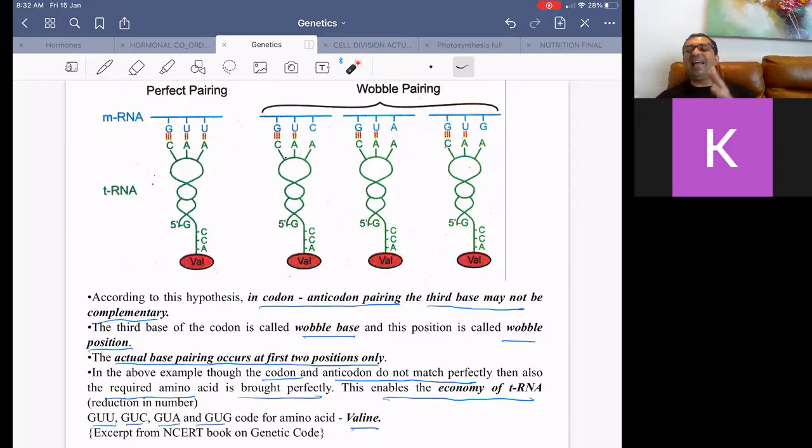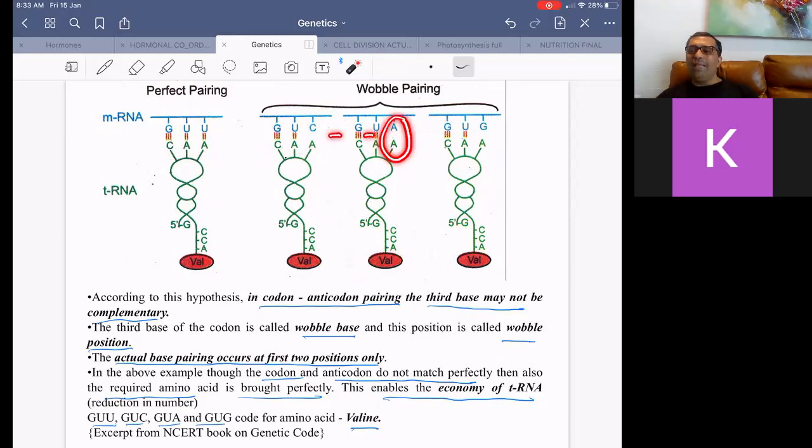चलता है, चलता है. And next you have say UUU. उससे आया phenylalanine. And then you got say GUA. GUA also codes for valine. And which tRNA comes? CAA. CAA has become the tRNA for valine. Again, G will pair with C. U will pair with A. Can A pair with A?